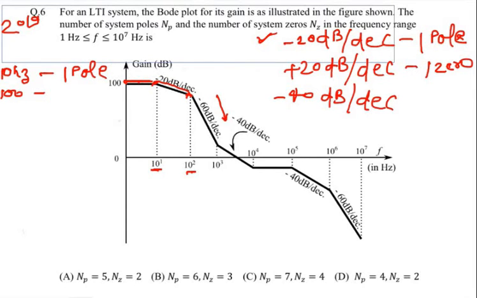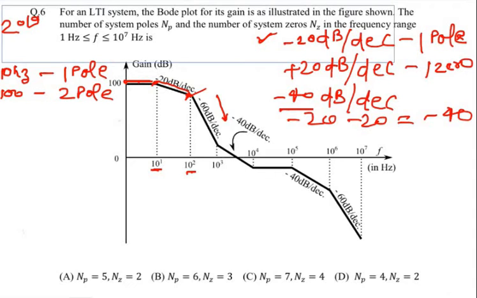So minus 40 dB per decade means 2 poles. Minus 20, minus 20. So 2 poles are added at this corner frequency. Okay, so here 2 poles.